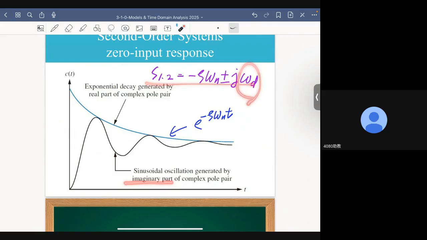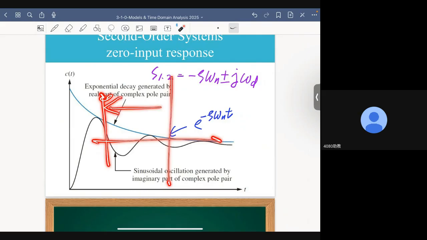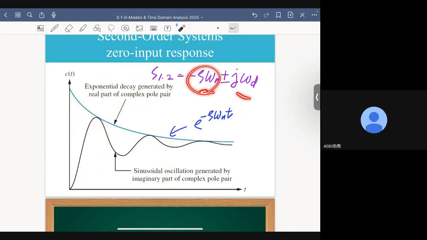So for now, once you know where the poles are located, probably one of the first things you can do is to determine how far away this pole is from the imaginary axis, and how far away this pole is from the real axis, because these two terms have very direct physical meanings when it comes to the zero input response.